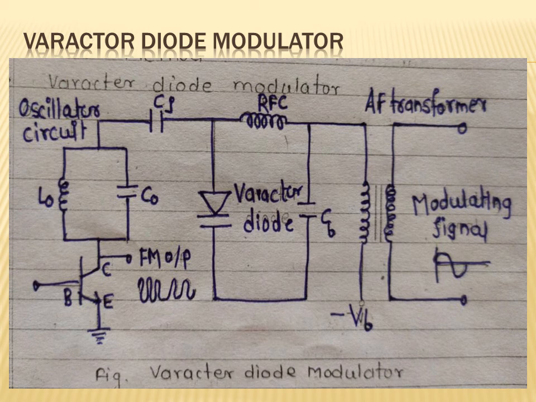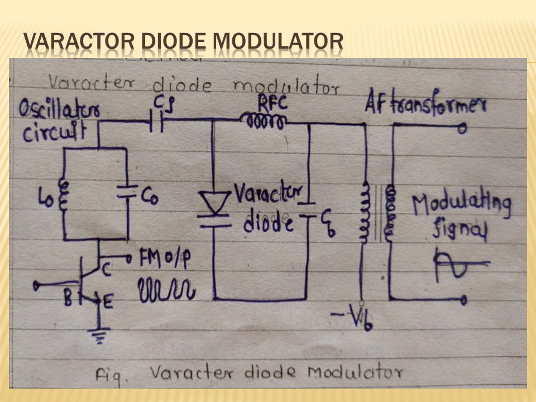So we get the modulating signal at the secondary winding. Minus VB is applied to the varactor diode. For the varactor diode, we require the negative voltage.